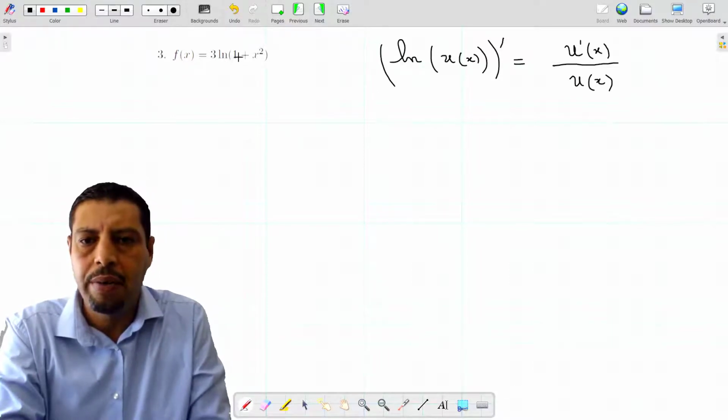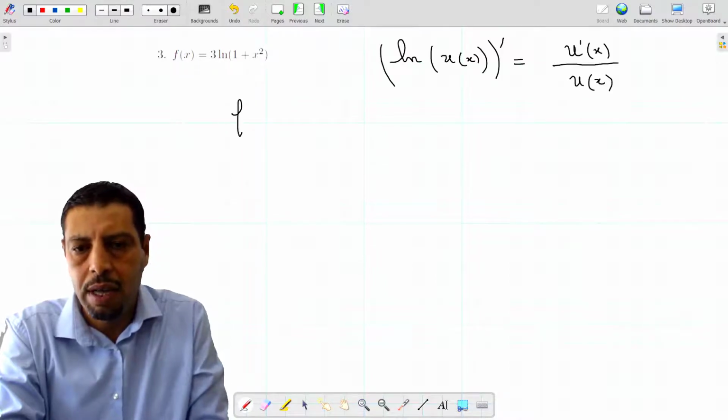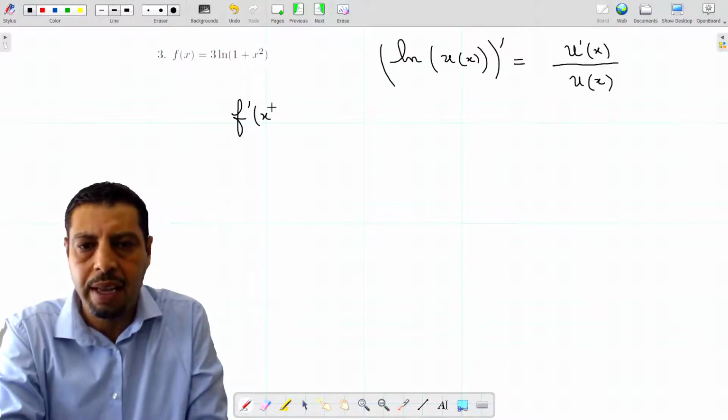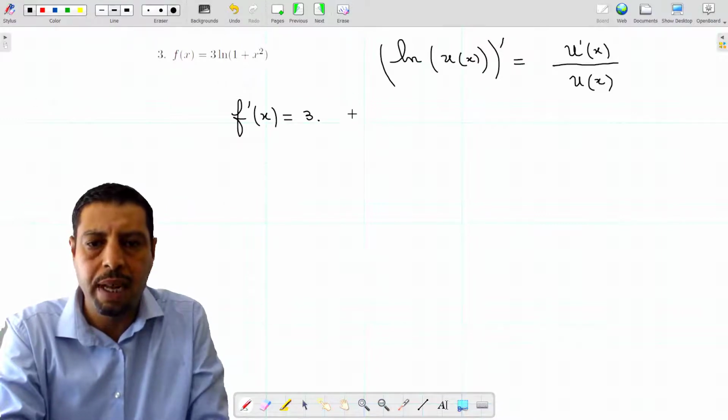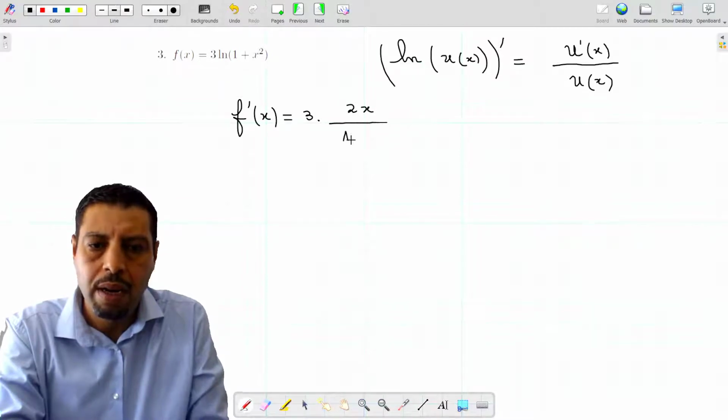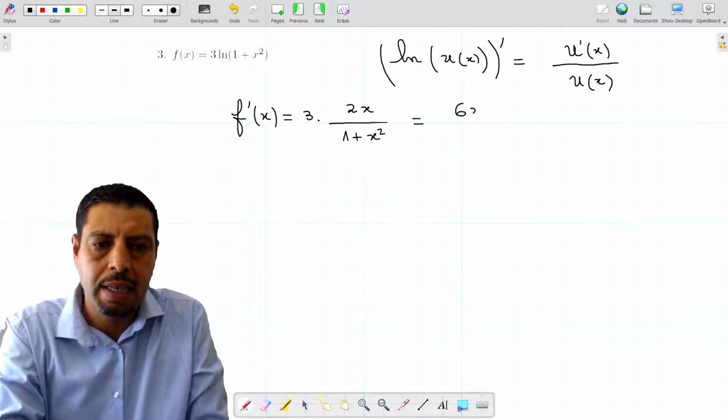So here our u is 1 plus x squared. Apply this to f of x. We're going to obtain f prime of x equals 3 times the derivative of 1 plus x squared, which is 2x, over 1 plus x squared. Of course, you can write it as 6x over 1 plus x squared.